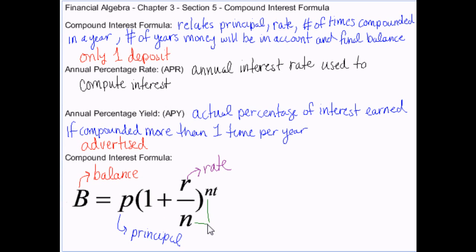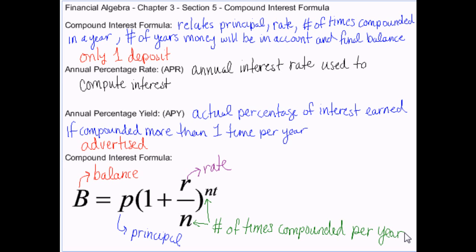N you have in two places, but it's the same number in both places. This is the number of times compounded per year. So if you're compounding annually, N is going to be 1.